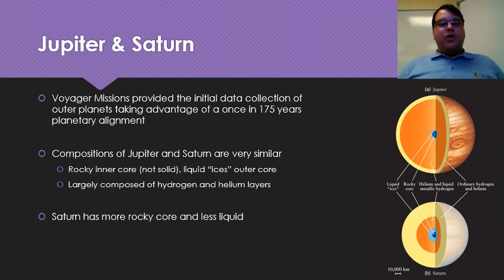So if we're looking at Jupiter in terms of its planetary structure, Saturn as well, both are actually composed of mostly hydrogen and helium. And so there is no solid surface here. It is pretty much all gases, and it's even in some states liquid form.